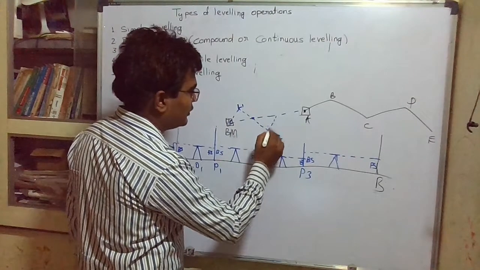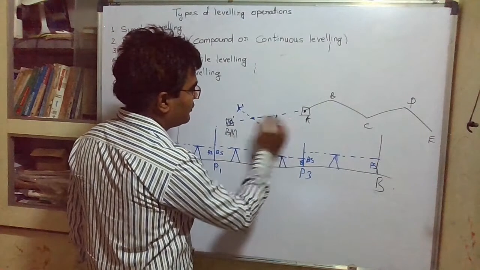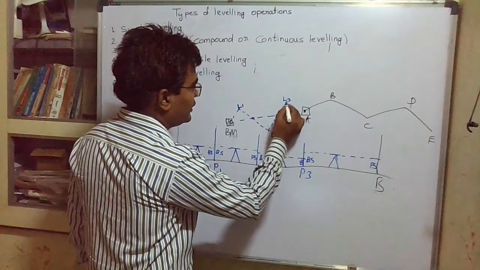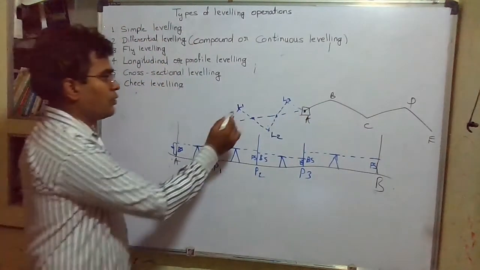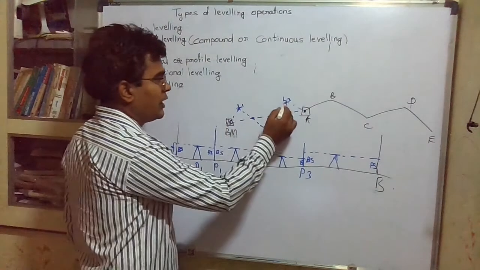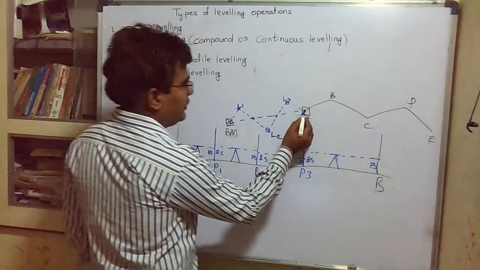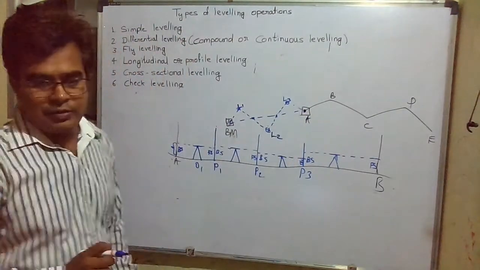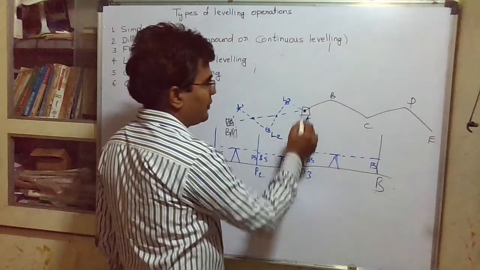Again we find out the RL of this point, or the level difference between these two points, and again, suppose this is the last point L3. So we can set up the level at different locations such as L1, L2, L3, and finally we determine the level difference between these two points. This is the benchmark, the RL of this point is known, so we can find out the RL of the new point.